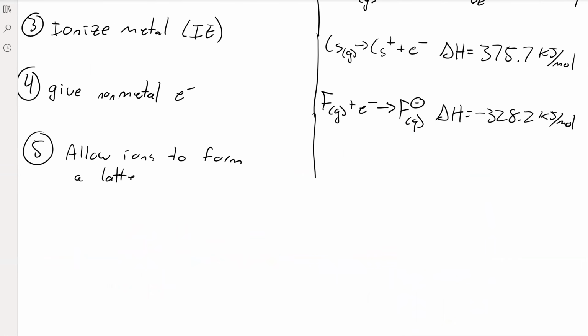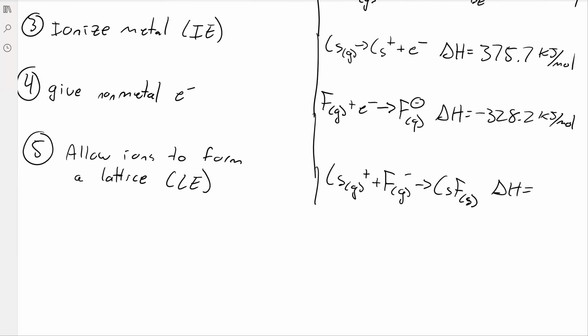And since positive and negative charges like each other, when you allow them to come into contact, that releases energy, right? So that's what we're going to call our lattice energy. So here we're going from cesium as a gas with its positive charge and fluorine as a gas with its negative charge to solid cesium fluoride.